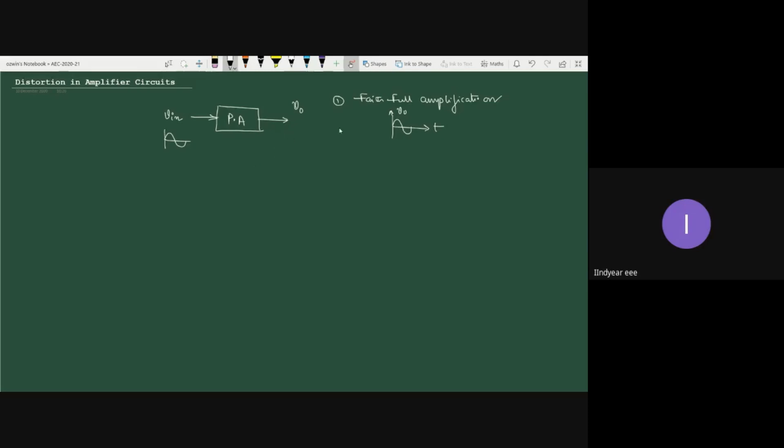But this is a very ideal case. In reality, you may not get faithful amplification all the time.